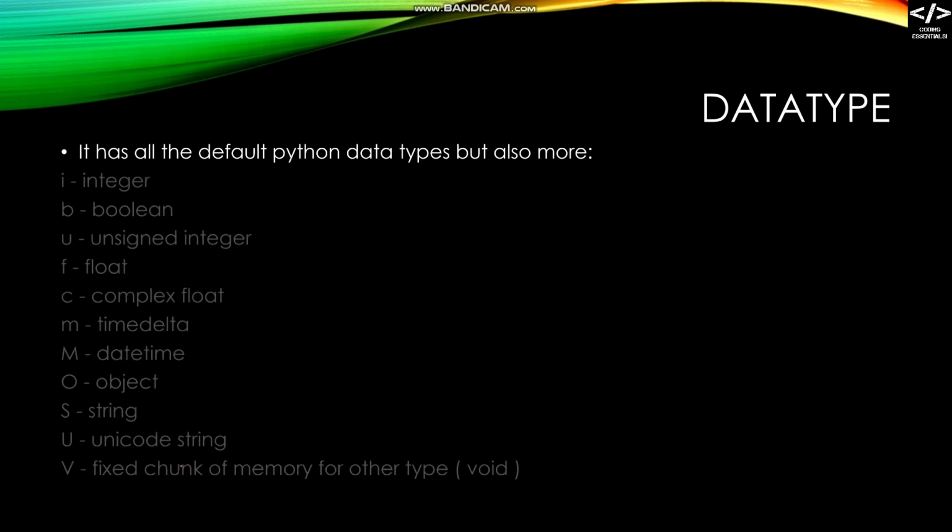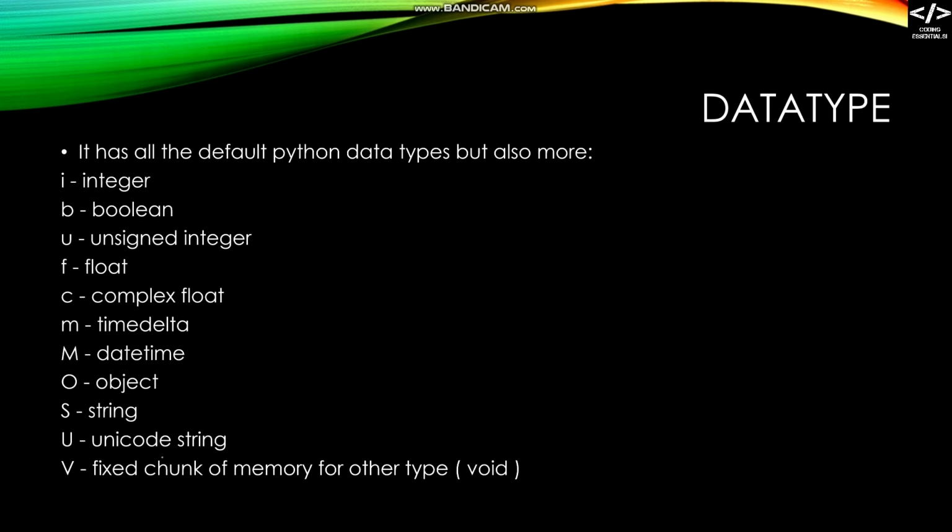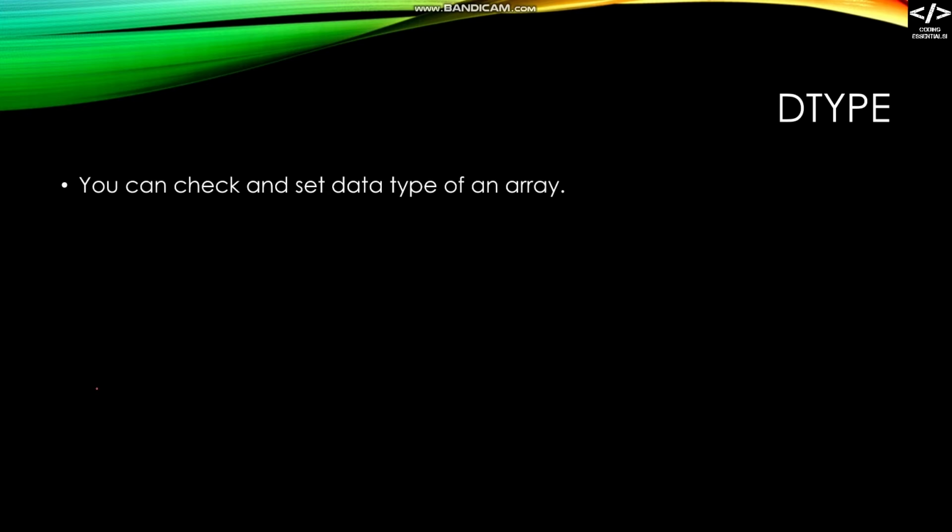Now comes data type. It has all the default Python data types, but also has more. So these are some of the more data types: integer, boolean, unsigned integer, float, complex float, and so on. You can set the data type. And dtype, you can check the set data type of an array.